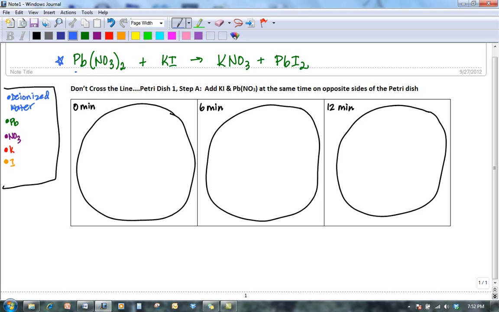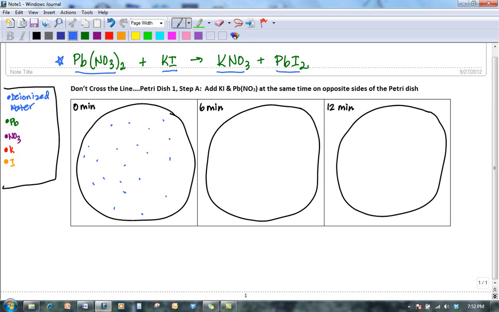We have lead nitrate that is going to react with potassium iodide, and that's going to form potassium nitrate and lead iodide. So over here to the left I have a black box that has a key, and the first thing that I'm going to do is draw my molecules of deionized water, which I've decided to represent as little blue dots.